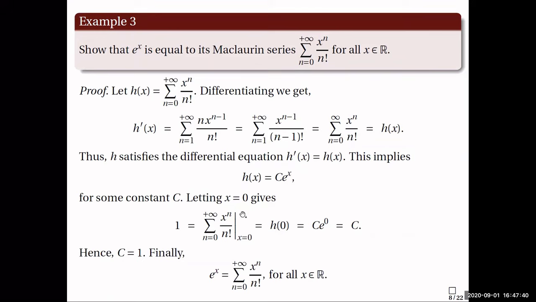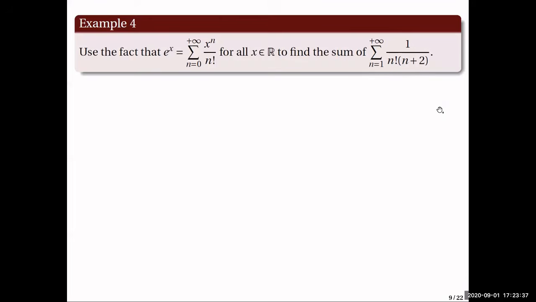And so, finally, we have h of x equals e to the x, and h of x equals this Maclaurin series. So finally, we have the exponential of x equal to this power series for all real numbers x. So this ends the proof for this example.